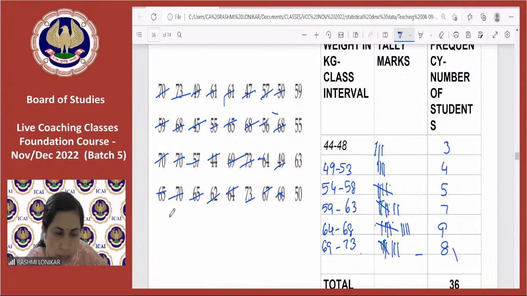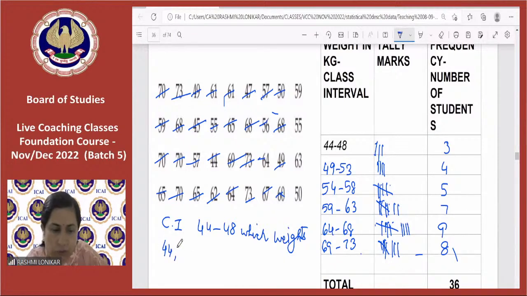So in the class interval 44 to 48, which are the weights? Which weights will I see? Pay attention, Ruchi. Which weights will come into this class interval? 44. Any person whose weight is 44, 45, 46, 47, and 48.